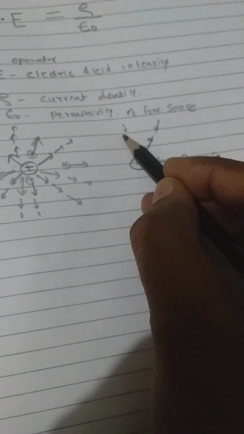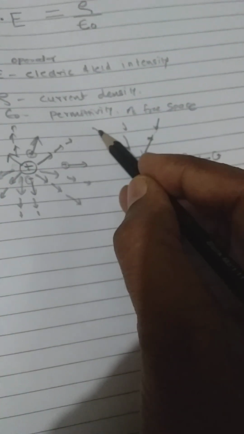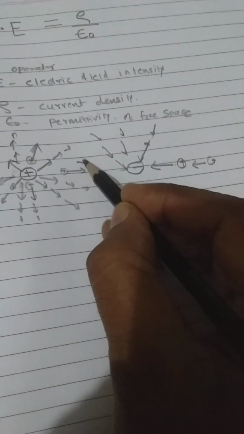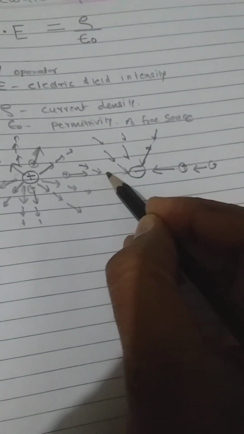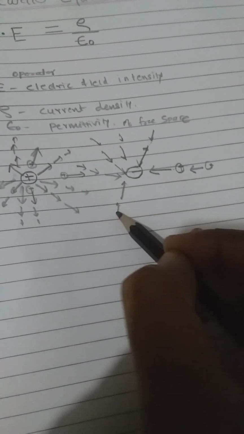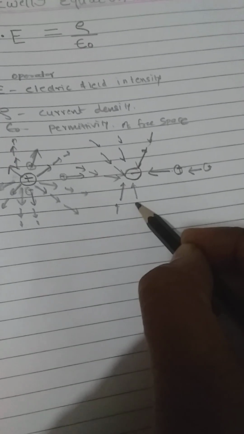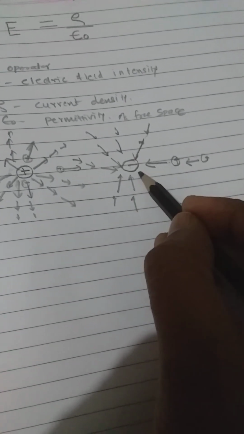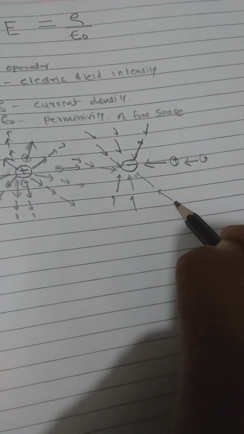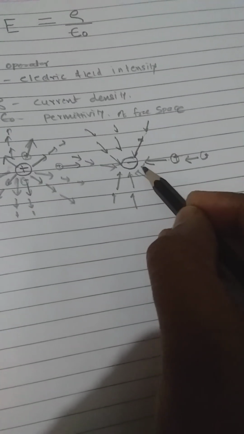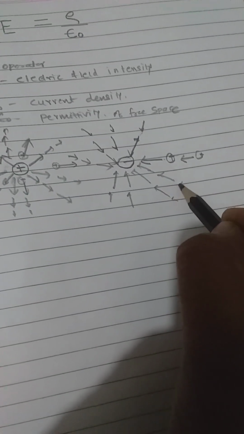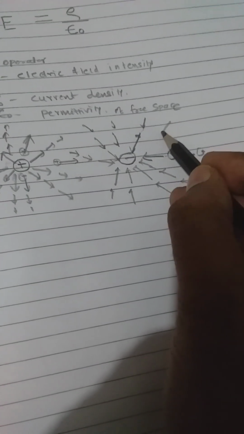So what you can see, as you go away, the vector becomes smaller, so here the field is spreading in, and divergence of vector field will give you whether the field is spreading in or spreading out.